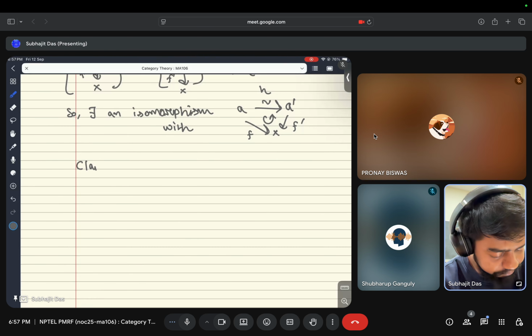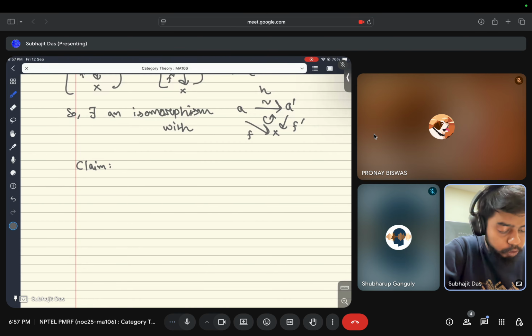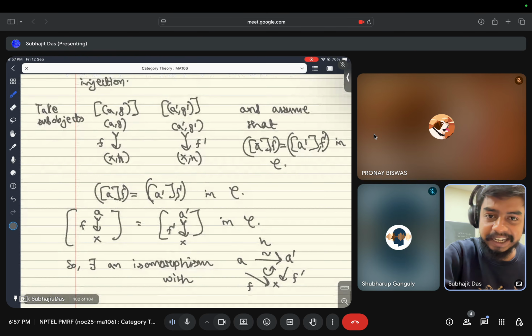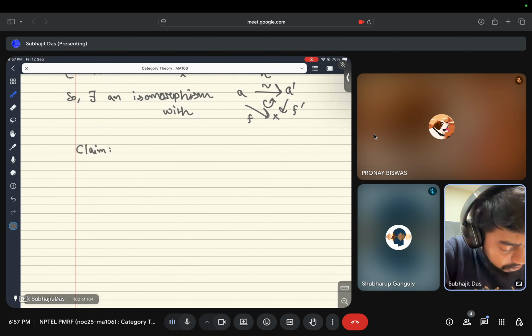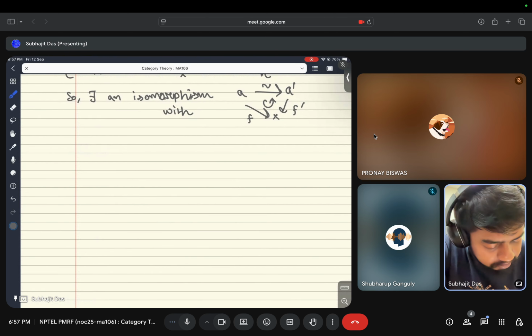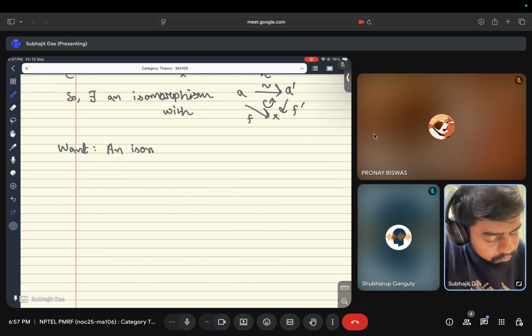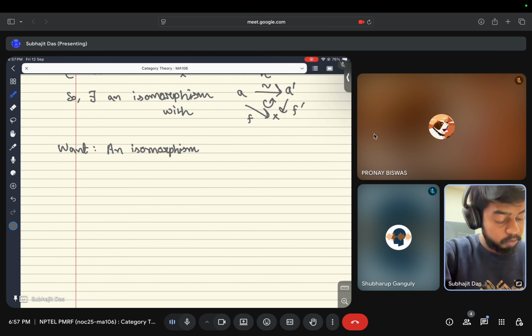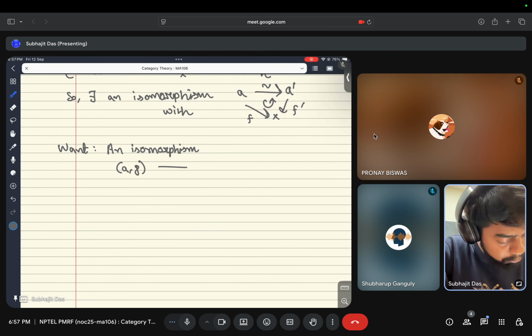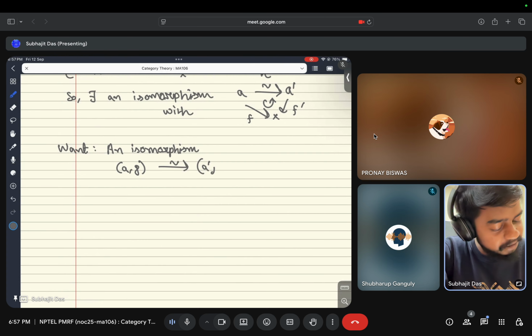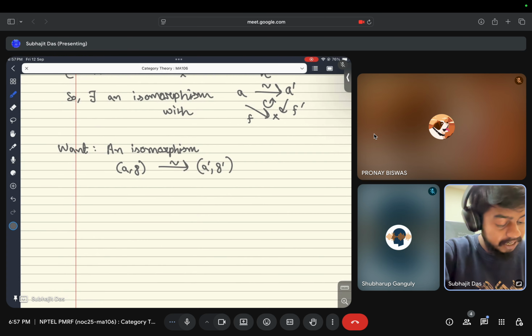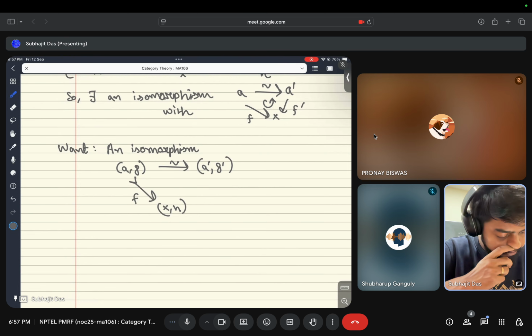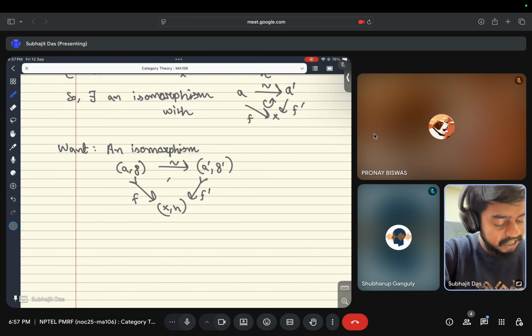So we claim, so to show that F and F prime are equivalent in C power T, this would mean that we want an isomorphism from A comma G to A prime comma G prime, this is F, this is F prime, such that this commutes.